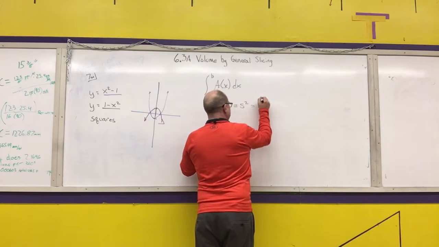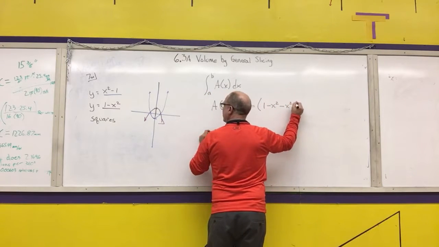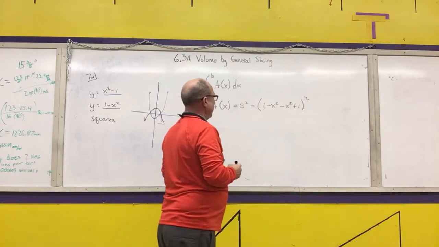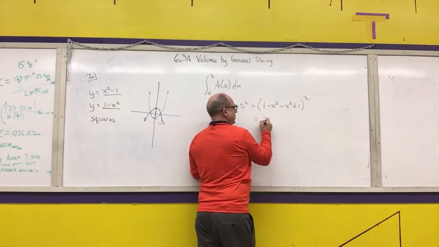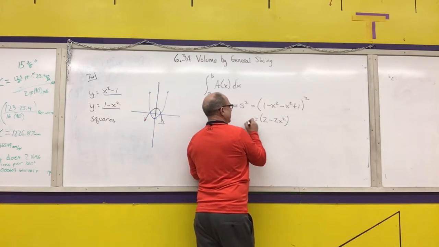So it's my purple function, 1 minus x squared, minus my blue function, squared, which would simplify, 1 plus 1 is 2 minus 2x squared. That is my area function.